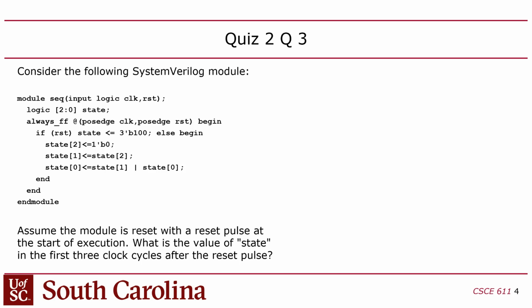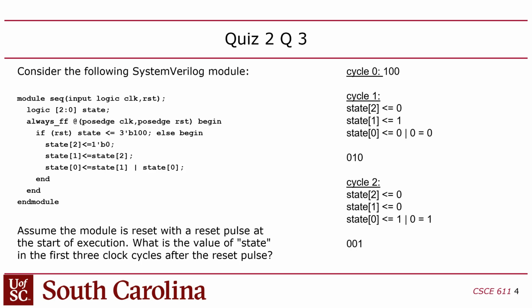So when you reset it, the value of state will go to 1, 0, 0. But then after you drop reset and you hit the next positive edge of the clock, with reset being low, rising edge, you're going to change state.